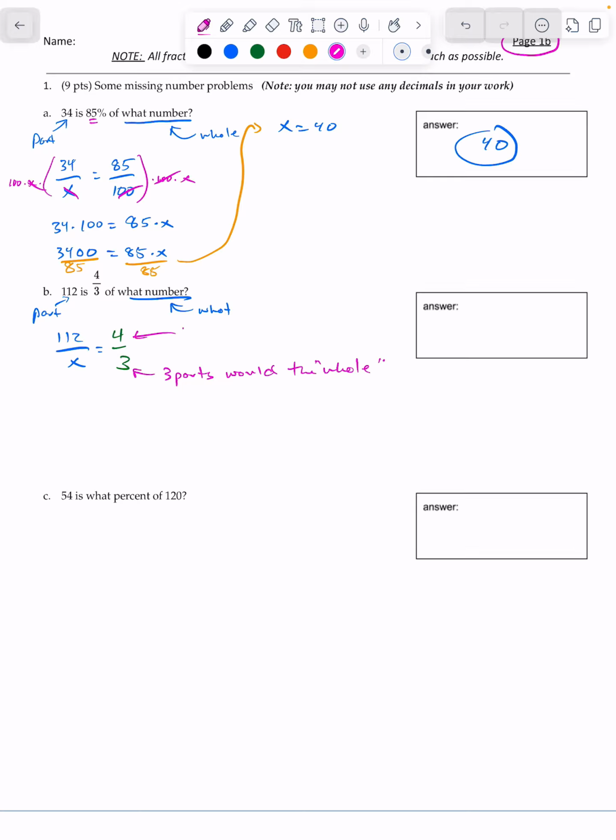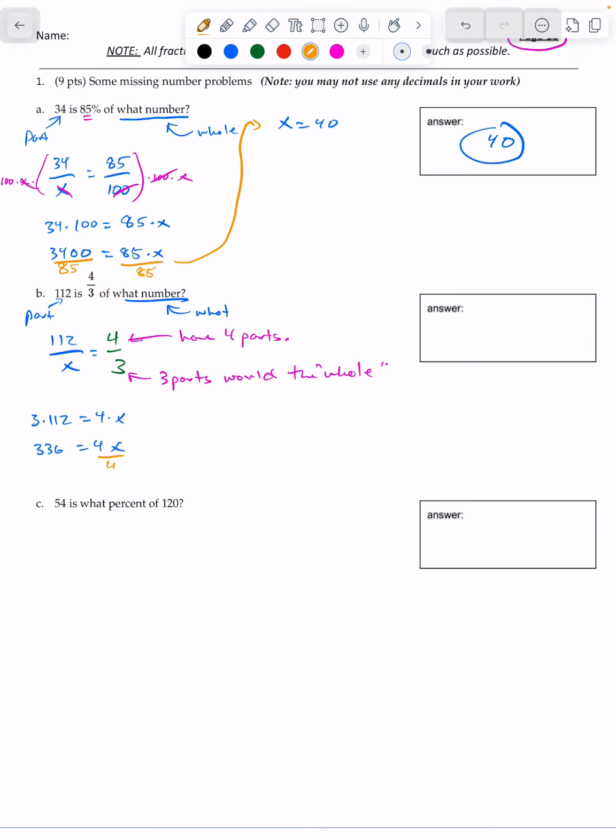And we happen to have 4 parts. Ooh. So again, I'm going to multiply by both denominators, and I'll get 3 times 112 equals 4 times x. 3 times 112 is 336 equals 4 times x, and then I will divide both sides by 4, and I get, I think, x equals 84.